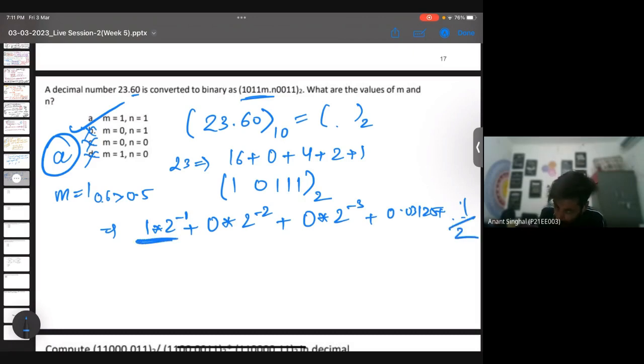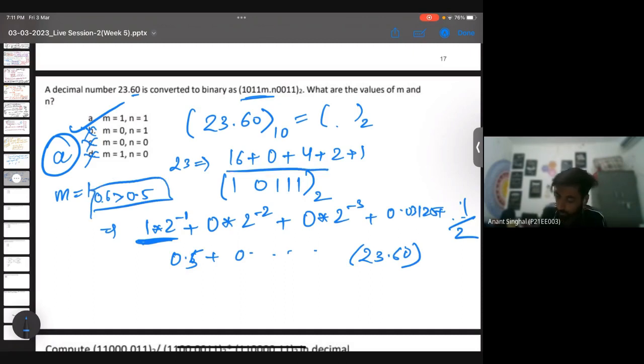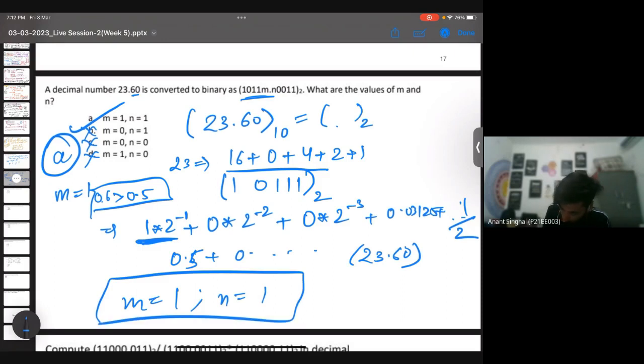So we can clearly see the first term will be 1, so this will give 0.5 plus something, and it will reach to something like 23.60. So the moment we got to know that the first one will be n, because this point given in the question is greater than 0.5, this is the same method we have applied to the decimal side of it. So the answer to this question is m is also 1, that we have calculated from the 23 decimal equivalent, and n is also 1. The correct answer to this question is option A.